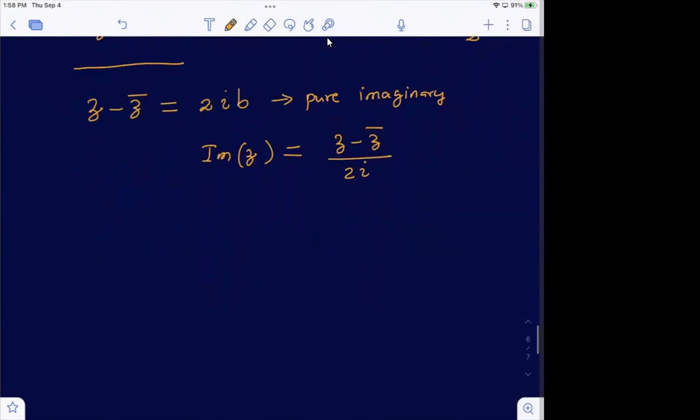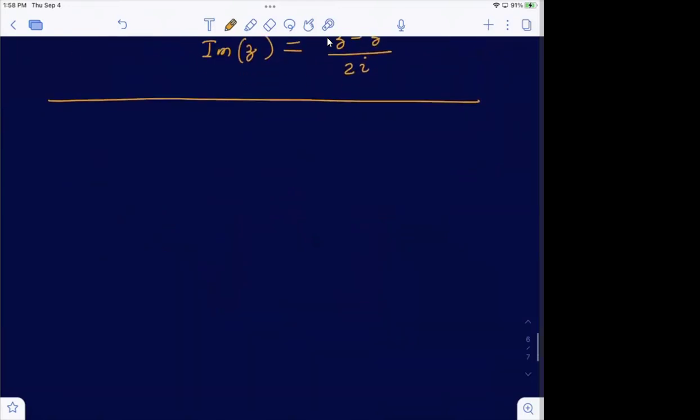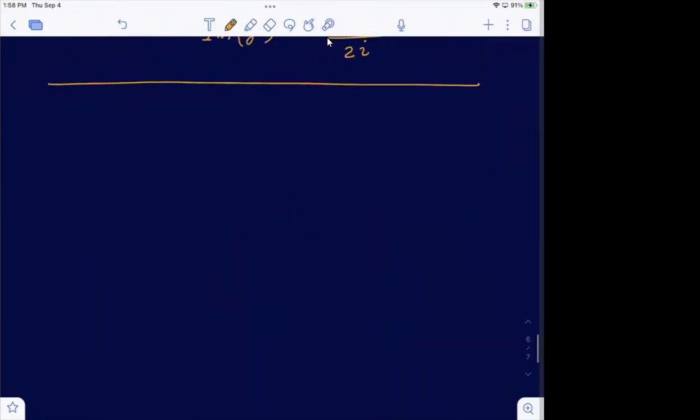And this is not the only such surprising combination. If you consider z times z bar, we have seen this computation already, a plus ib times a minus ib.